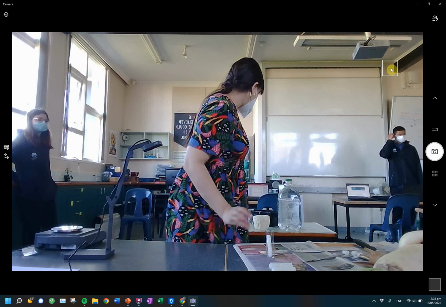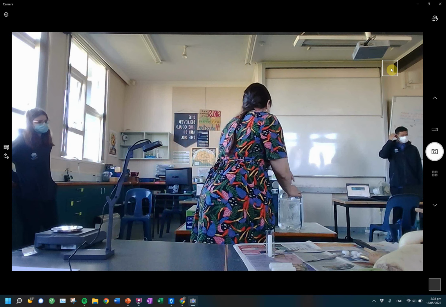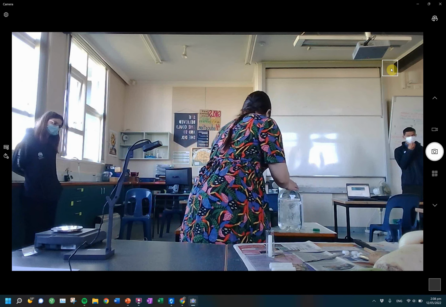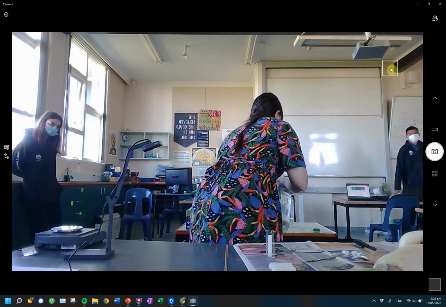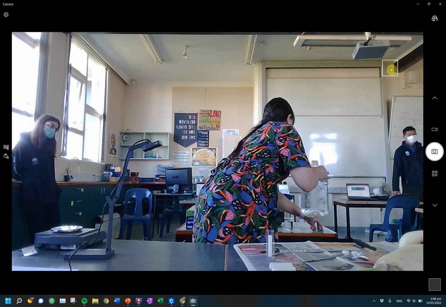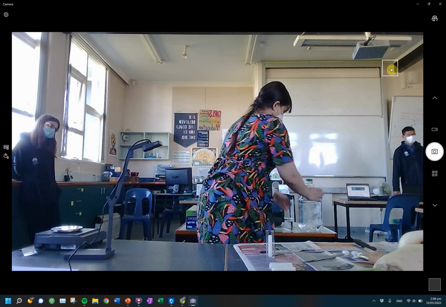So what we're going to do first is put some water into the vial just to get an idea of what amount I need.